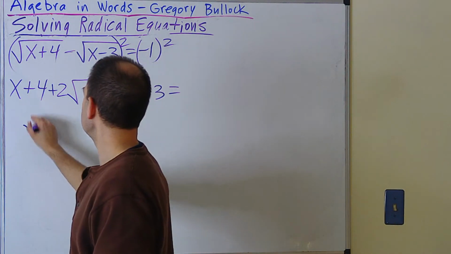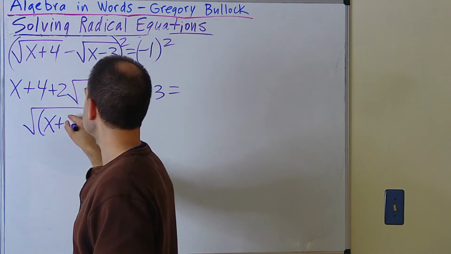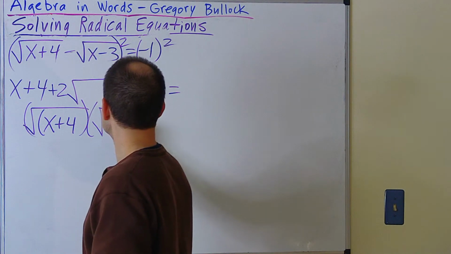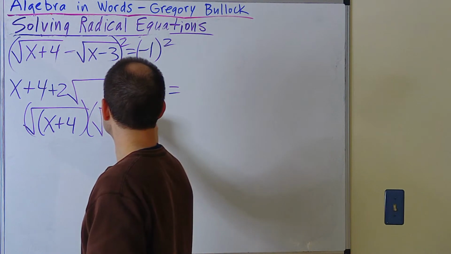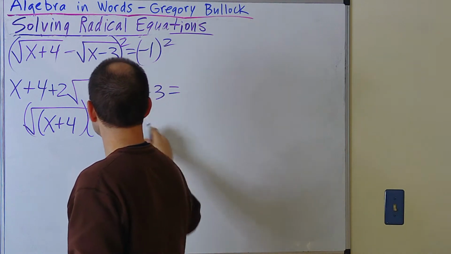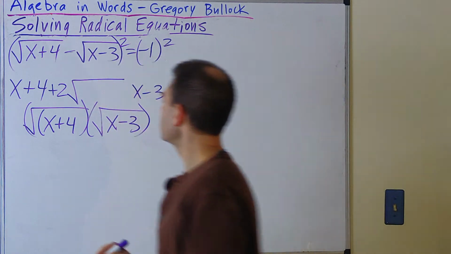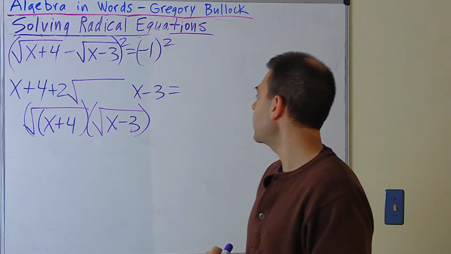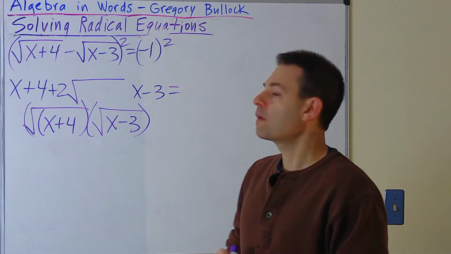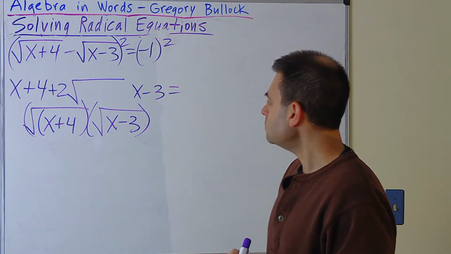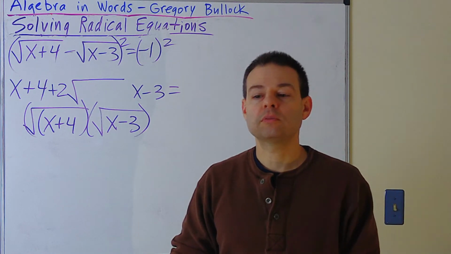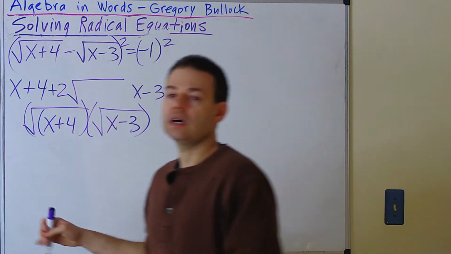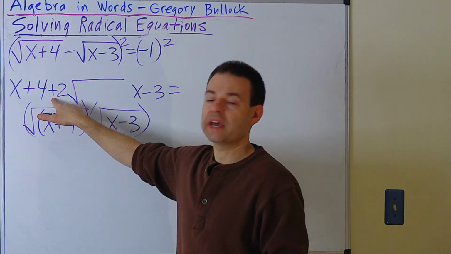So remember, we're doing the square root of x plus 4 times the square root of x minus 3, and that happens to be negative, so the negative is going to make this negative.